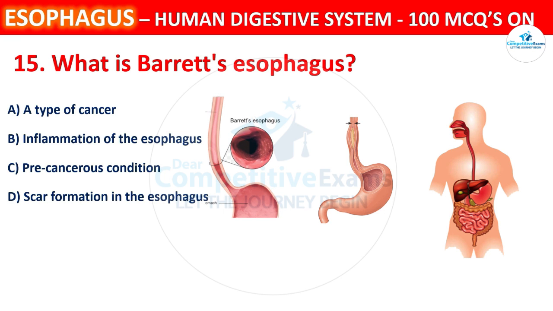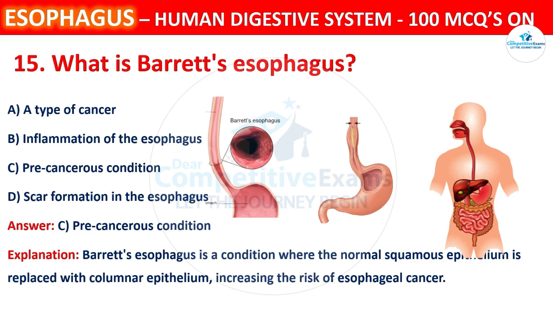The correct answer is C, that is precancerous condition. Barrett's esophagus is a condition where the normal squamous epithelium is replaced with the columnar epithelium, increasing the risk of esophageal cancer.